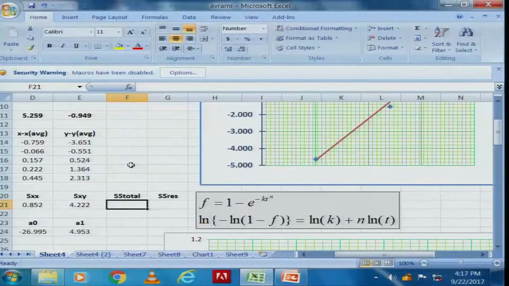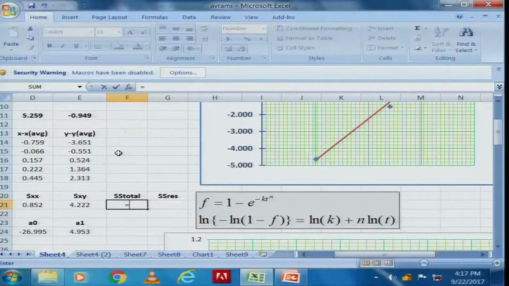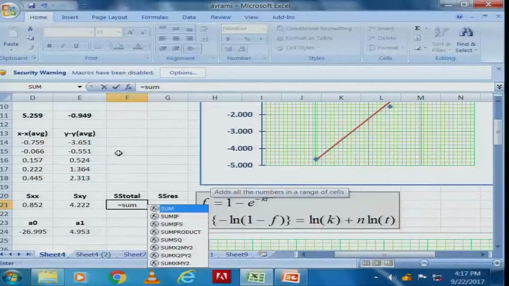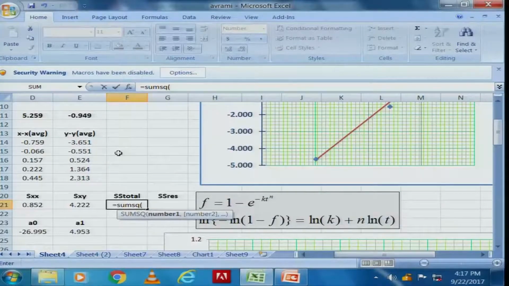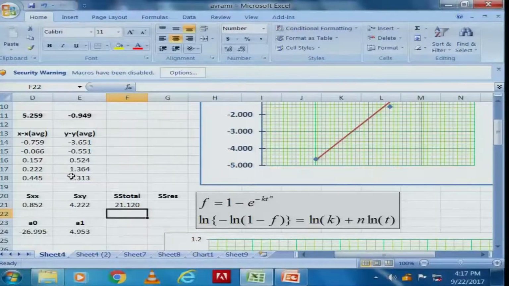So, what is SS total? SS total is the sum of the squares of the deviations y minus y bar, which is nothing but, if you look at this column, y minus the average value of y, the individual values. So, I will use the spreadsheet function sum of the squares of all of these values, and this gives me the total variability of the response y.